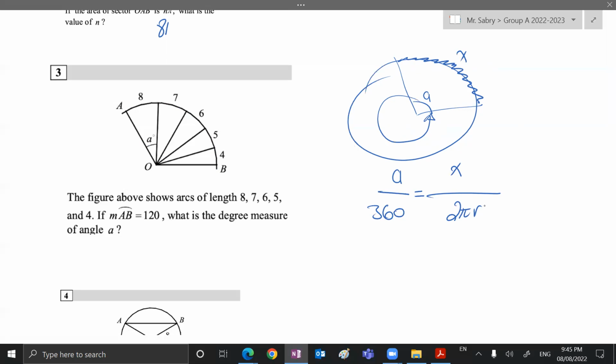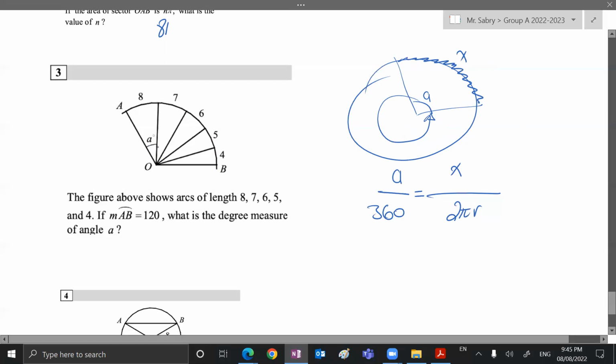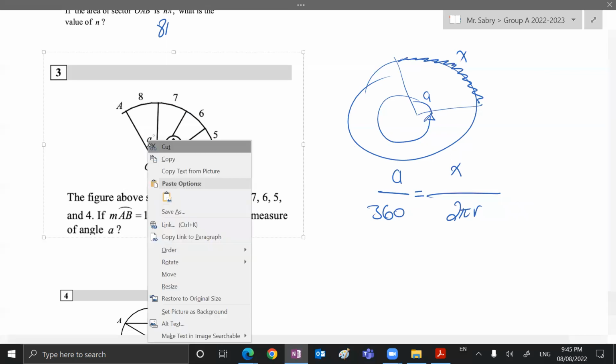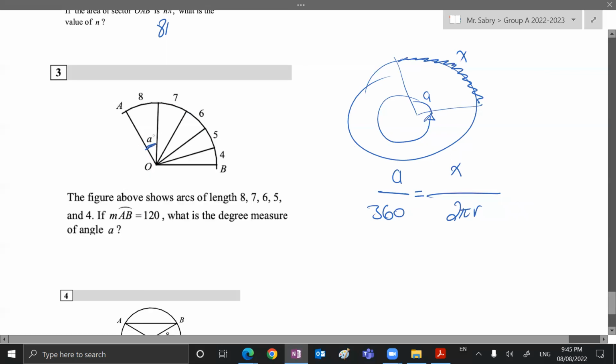Now it's the exact same concept. The A has gotten smaller. So this A now over, instead of the whole circle, I'll just take over this region. So A over this whole region, which is 120, is supposed to be equal to this arc, which is 8, over the whole arc that's available here, which is 8 plus 7 plus 6 plus 5 plus 4, which is 30.